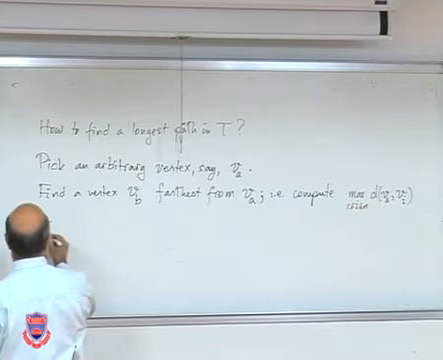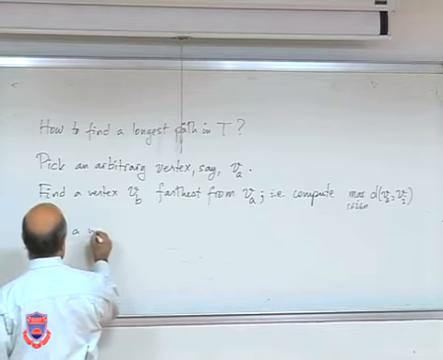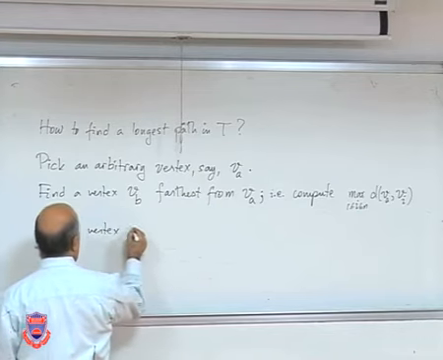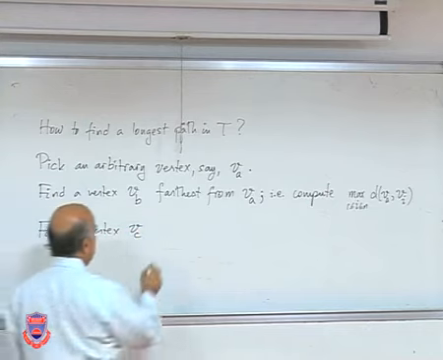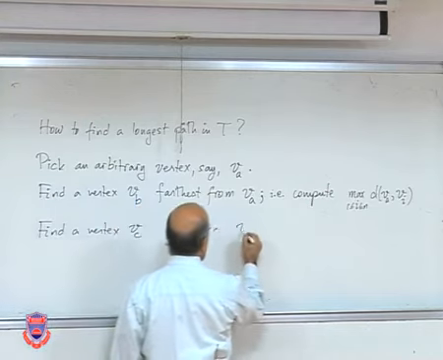Next, find a vertex VC, which might be VA, farthest from VB.